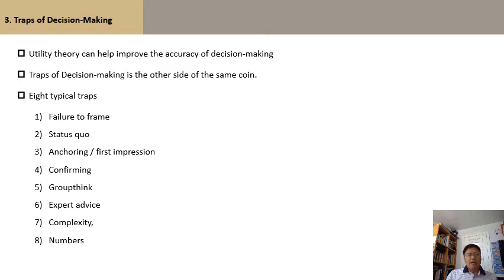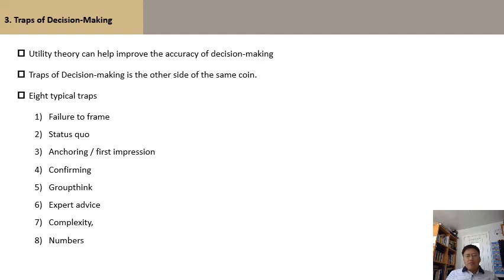I try to understand the other side of the same coin. If we cannot fully and clearly define the concept of utility, probably we need to think about another way. That means, if we cannot improve the quality, how can we avoid the traps, the big mistakes of decision making?